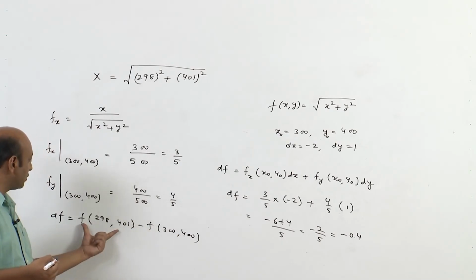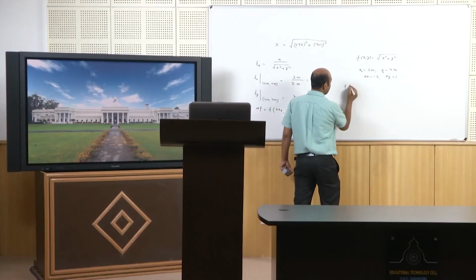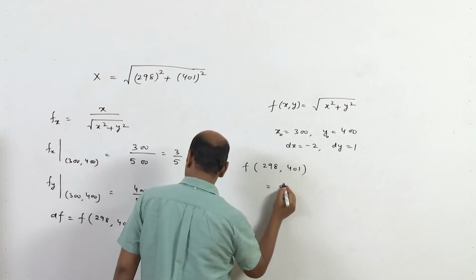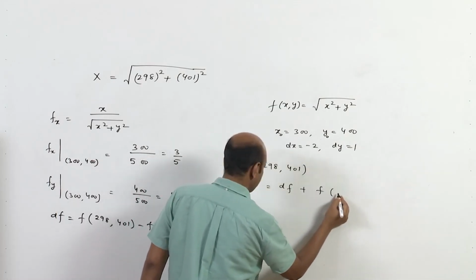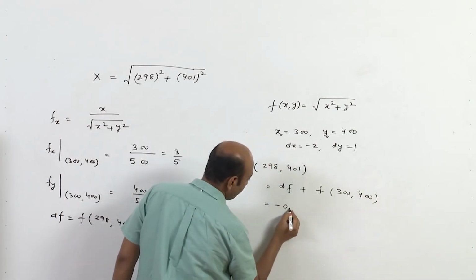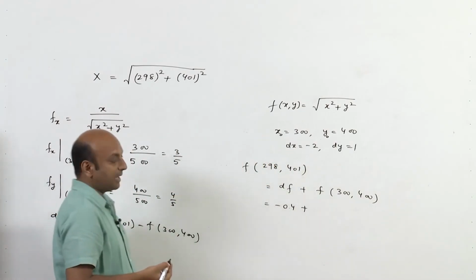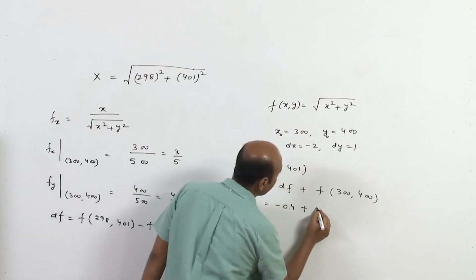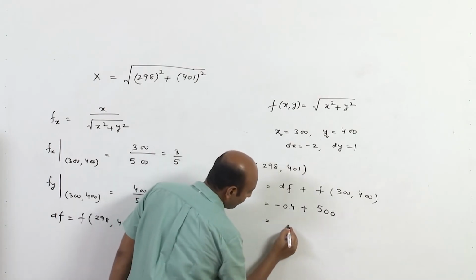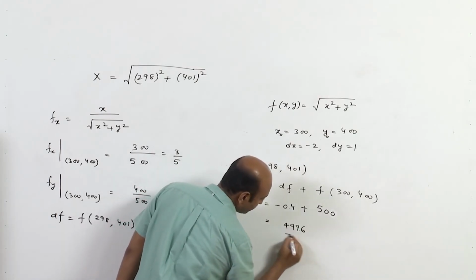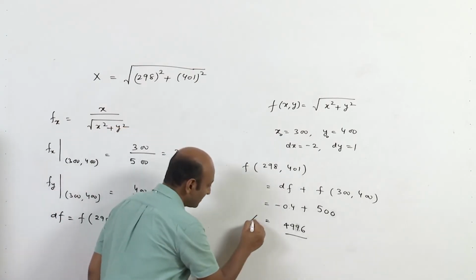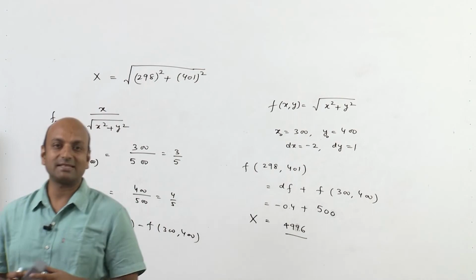So, what is the function value of this? f at 298 and 401 will be df plus f at 300 and 400, and df is minus 0.4, as we have already computed, and this is simply 500. You substitute it here. So, this will be 499.6. So, the approximate value of this capital X will be 499.6.